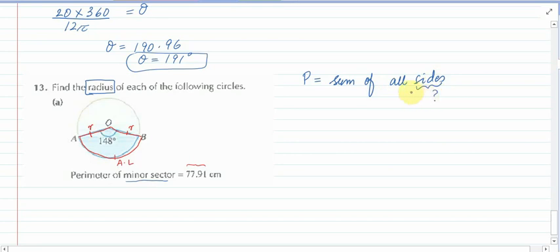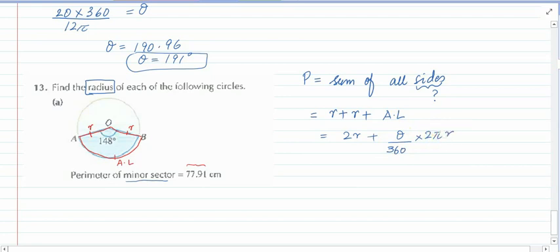So the answer is the sides that are marked with red pen. So these sides are R plus arc length. So R plus R is 2R plus the working formula of arc length is angle divided by 360 multiplied by 2 pi R, right?